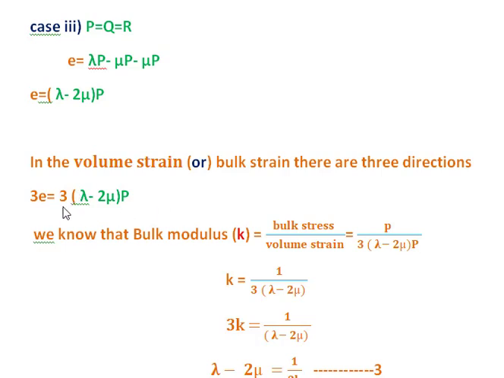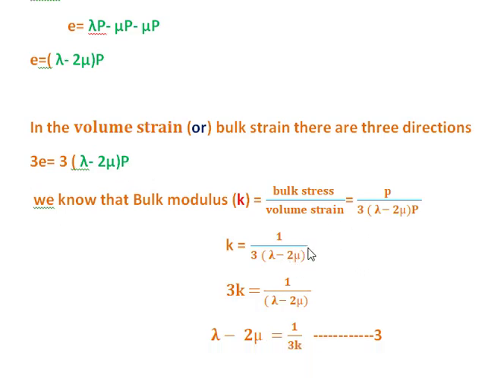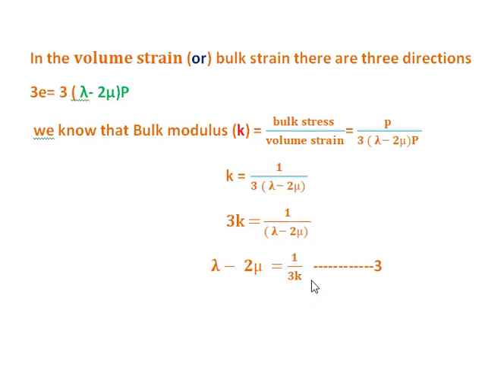It is given as 3e is equal to 3 into lambda minus 2 mu into P. We know the equation for the bulk modulus k is equal to bulk stress by bulk strain. The bulk stress is nothing but P. The strain is already calculated, it is 3 into lambda minus 2 mu into P. On solving this equation, we get lambda minus 2 mu is equal to 1 by 3k. It is taken as equation number 3.